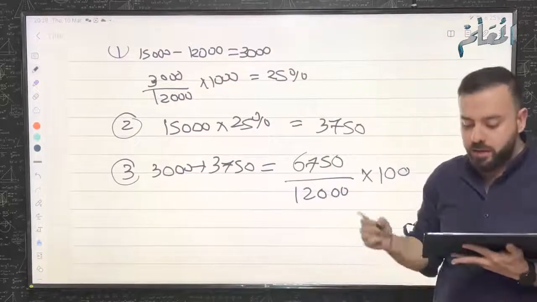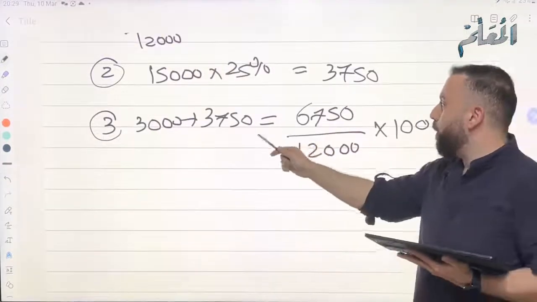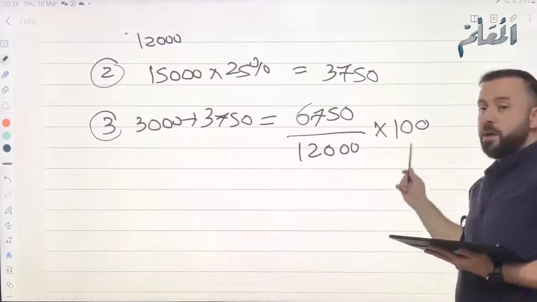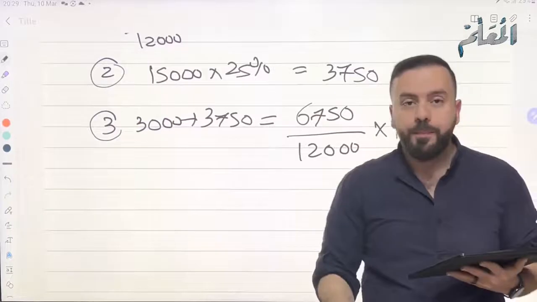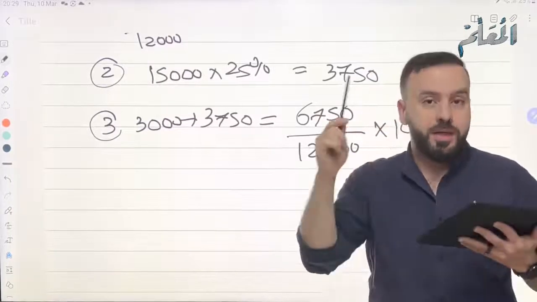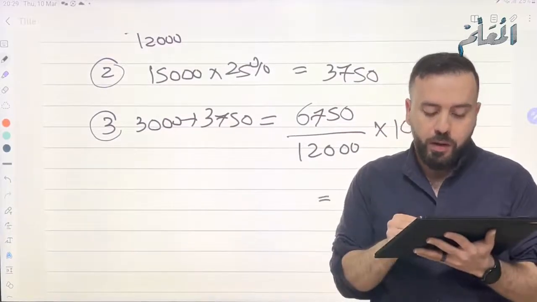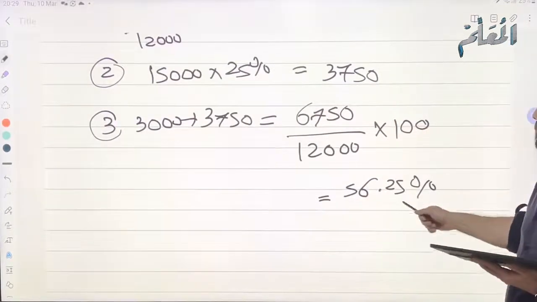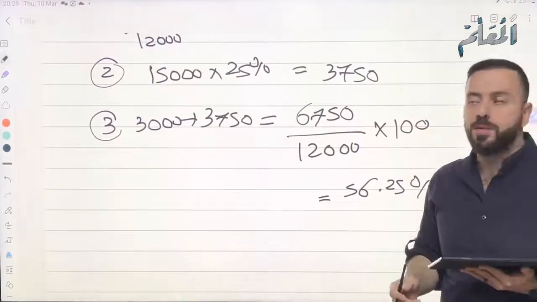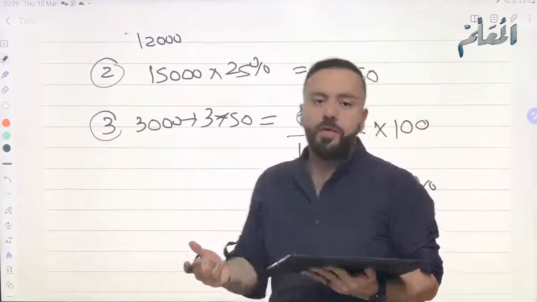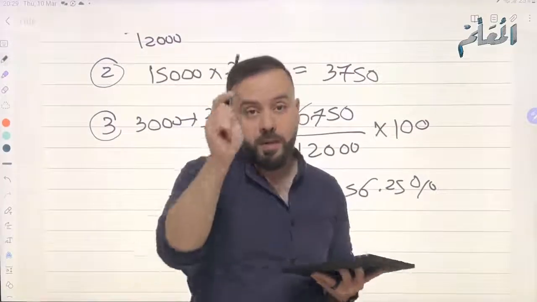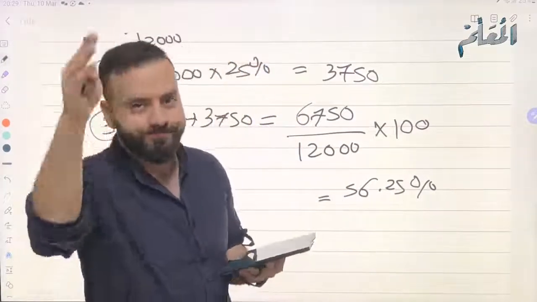In this case, the total amount is going to be 6,750 over 12,000 times 100, which will give me the total percentage increase, which is equal to 56.25%. Some students tell me that, Mister, it is only 50%. No, it's not, because it's the increase of the increase. Remember that? See you in question 4.